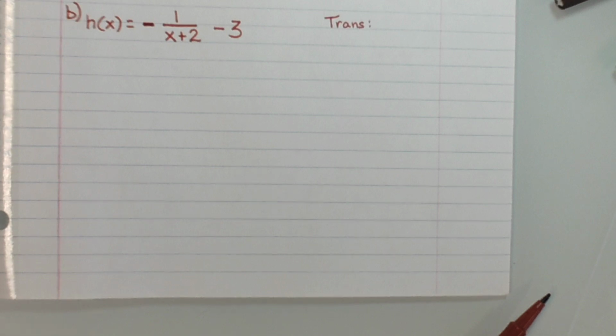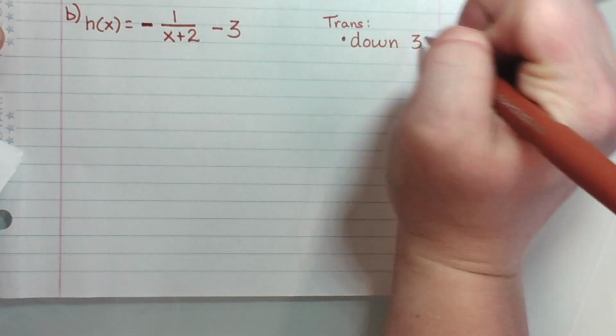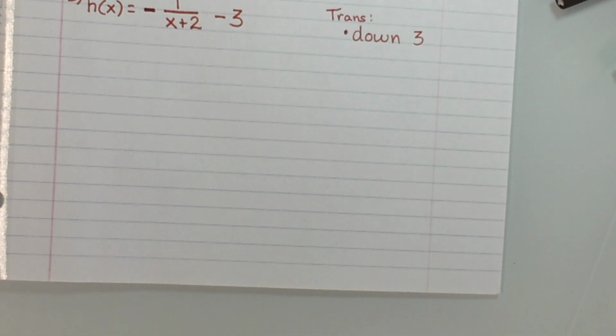Allie, what's one transformation you see this graph undergoing? Down 2. Or down 3. It's moving down 3. Andrea, what's another one you're seeing?